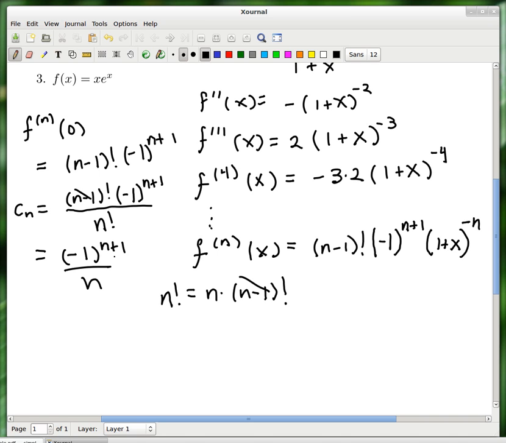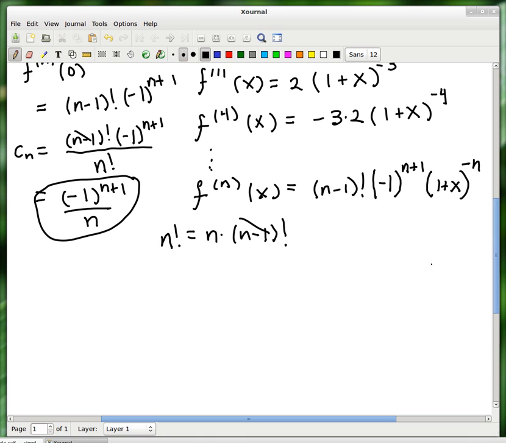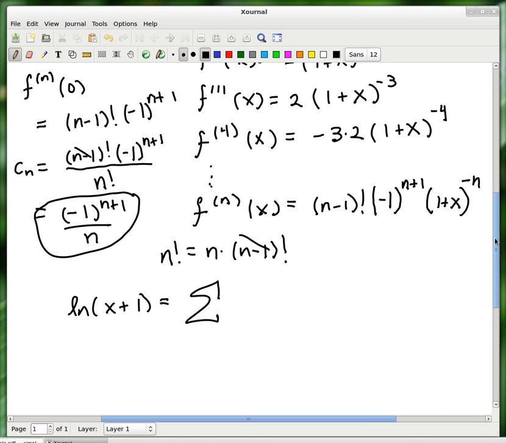And that is the formula for Cn. So great. Now we can write down the Taylor series, the Maclaurin series, which is just the Taylor series centered at 0, for the function natural log of x plus 1. It's already written down for us right here.